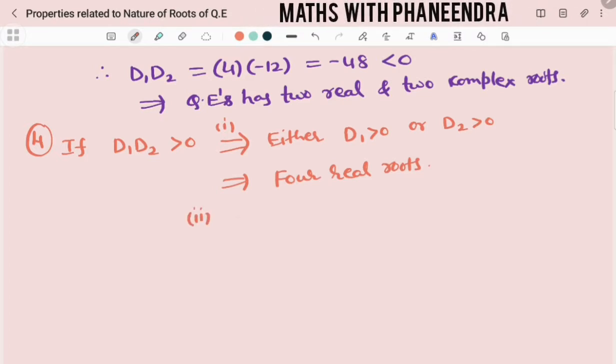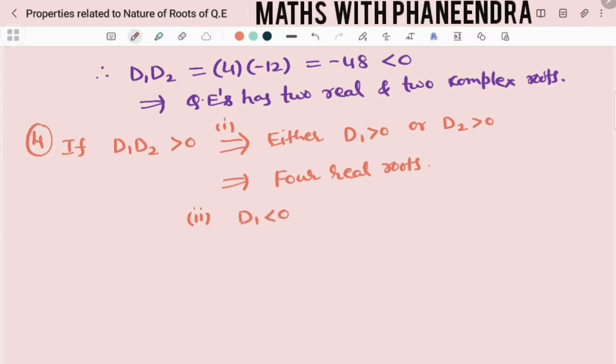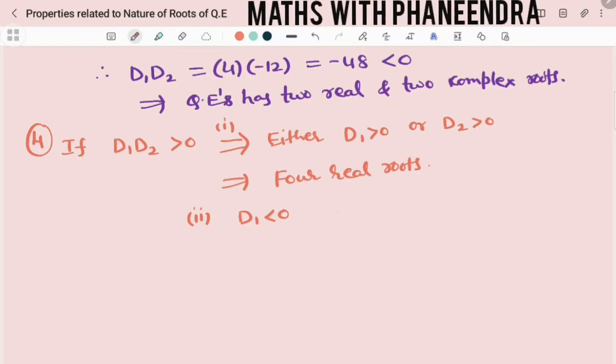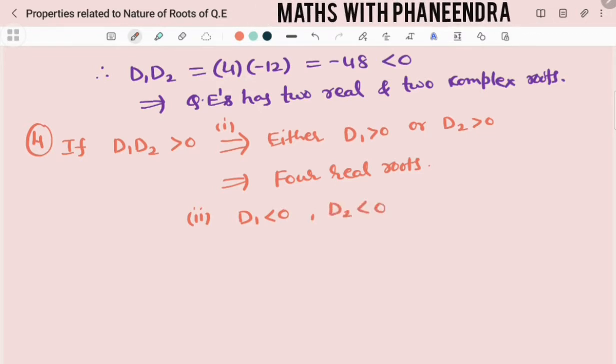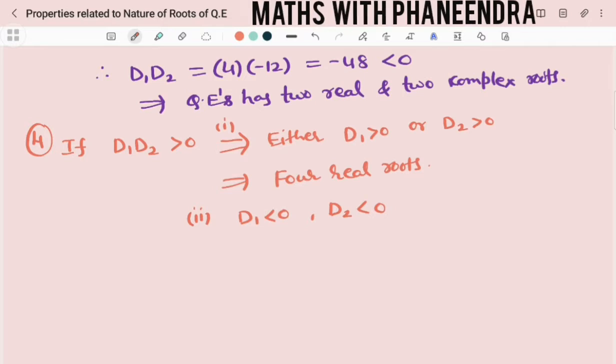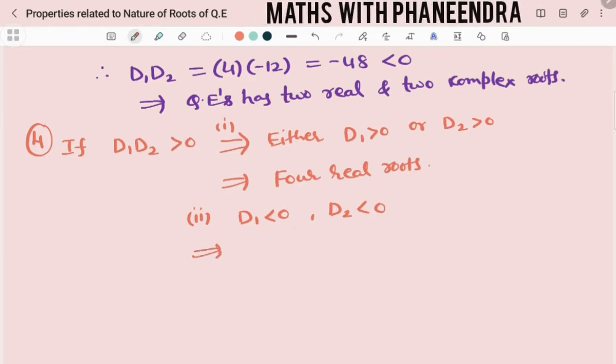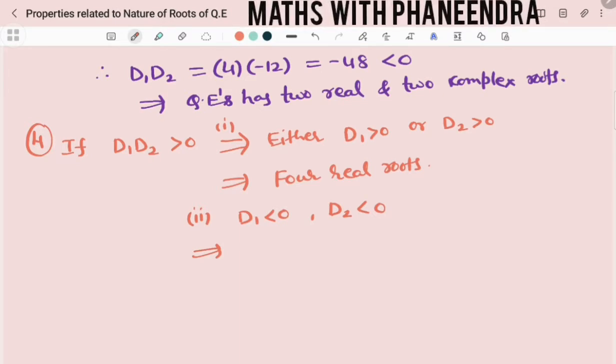Either d1 is less than 0 and d2 is also less than 0. Both are less than 0, so the product is greater than 0 only. In this case, both the quadratic equations have discriminants less than 0, which means imaginary or complex roots will come.